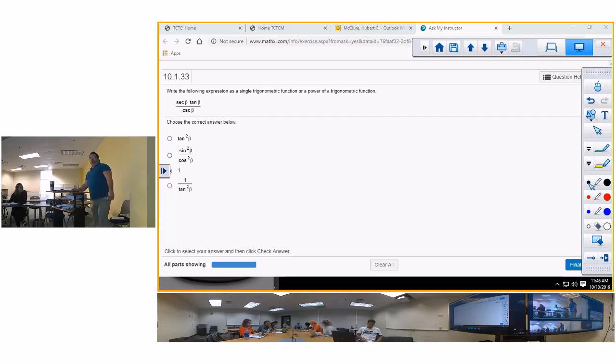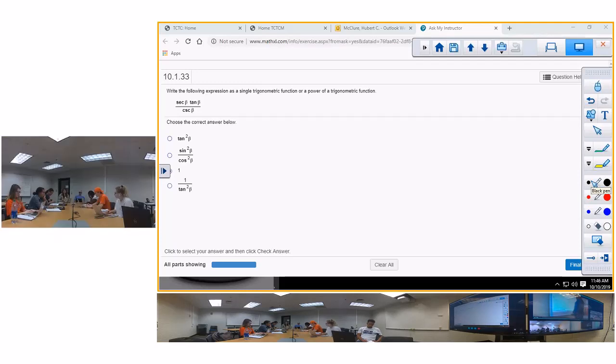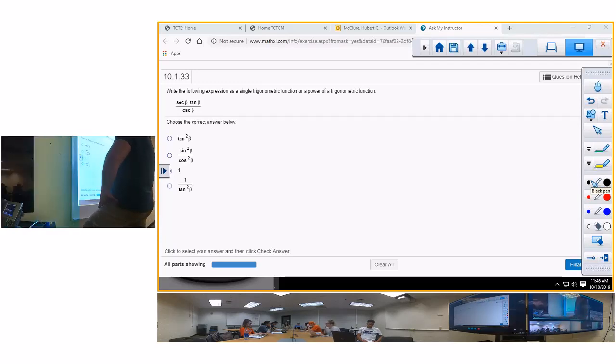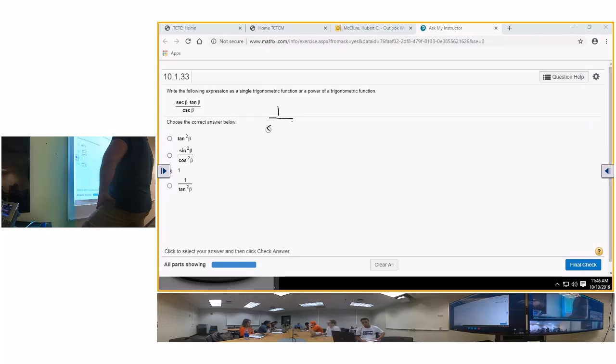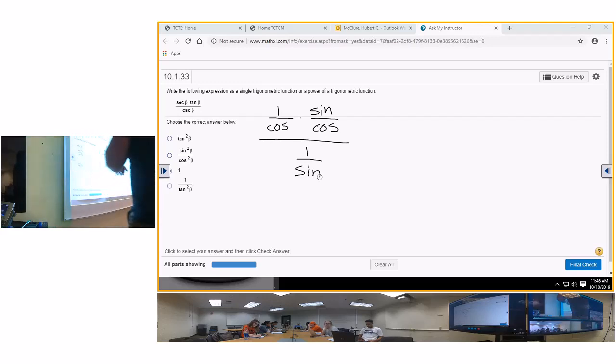What's the first thing you do? Write everything in terms of what? Sine and cosine. That is the general rule. So 1 over the sine, 1 over the cosine, times sine over cosine, over 1 over sine. Now, when you divide by a fraction, you multiply by the what?